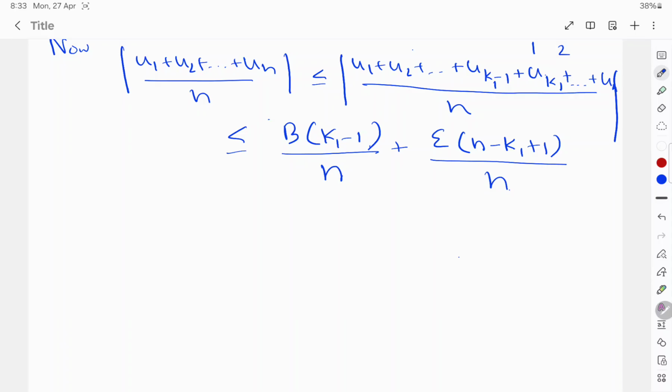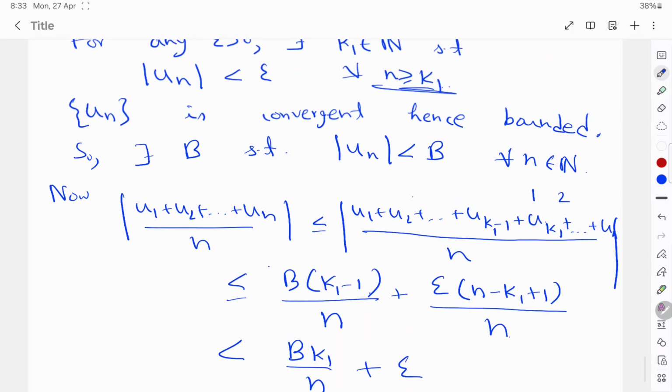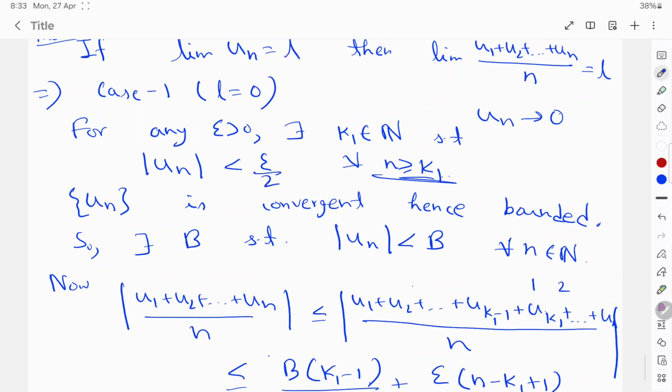Now you can ignore some negative term, no issue, with strictly less than sign. So b_{k1} by n, and this thing you say n by this time, you can say this is less than... sorry, I think here I have to write epsilon by 2.